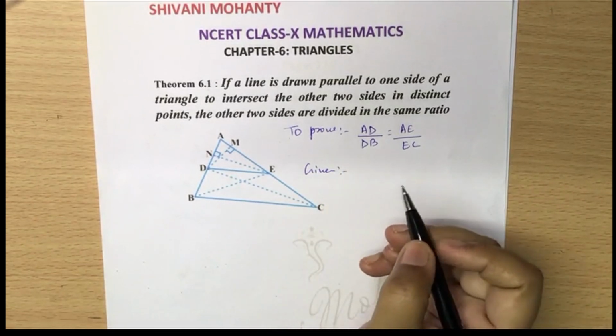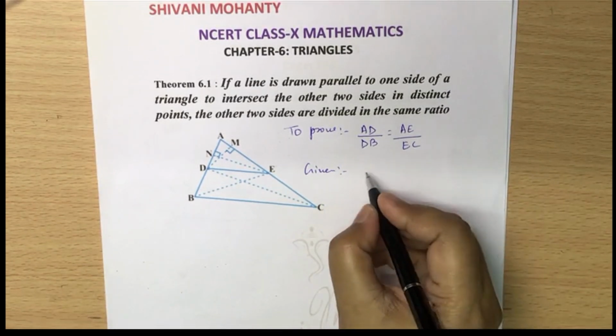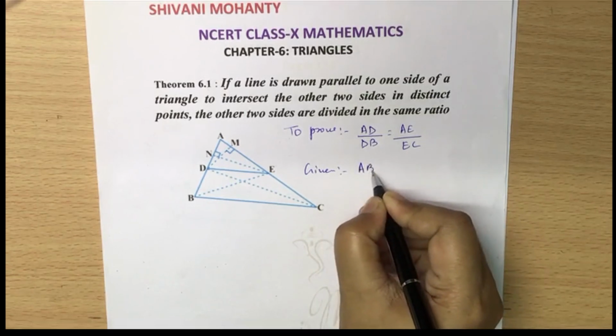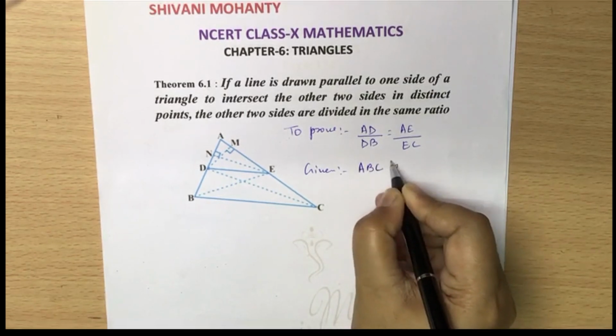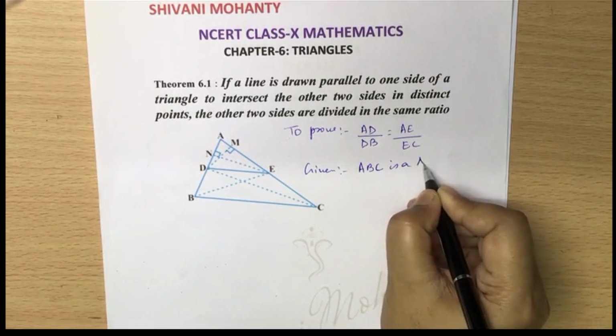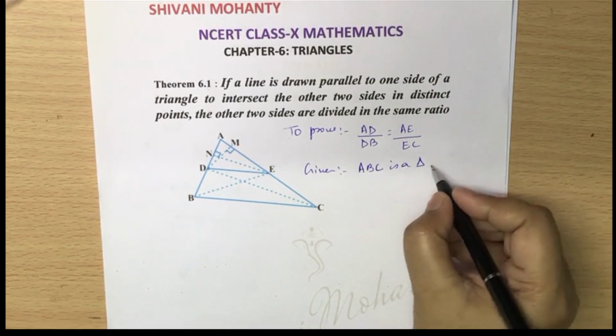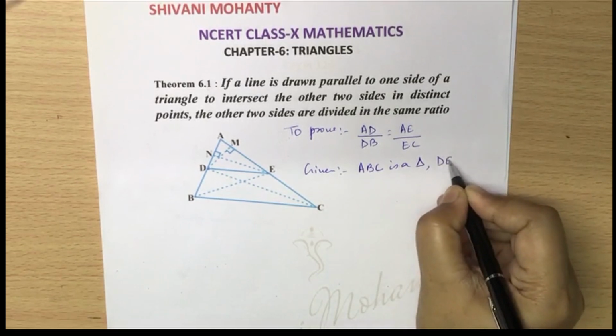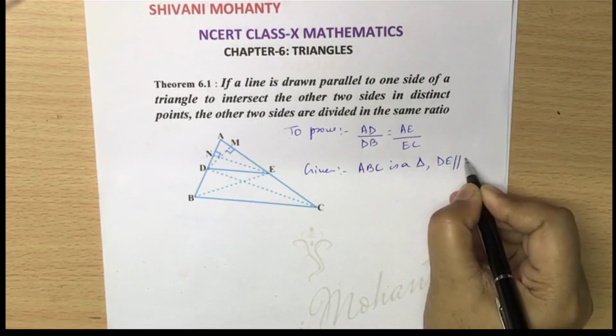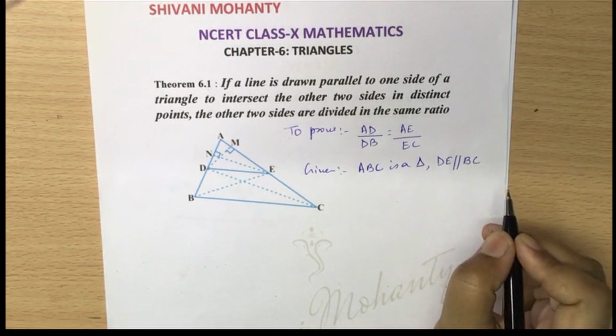What is given? Given ABC is a triangle. And what else is given? DE is parallel to BC.